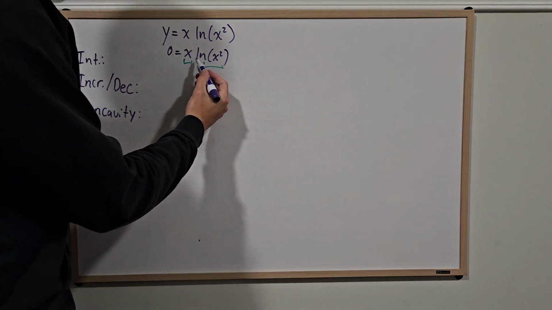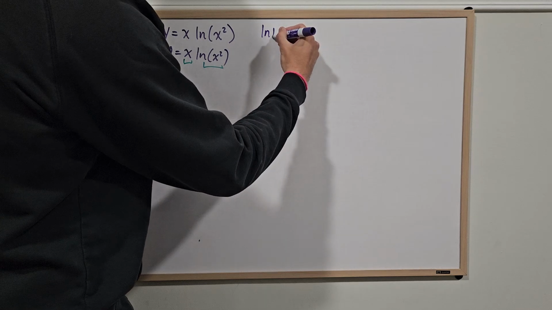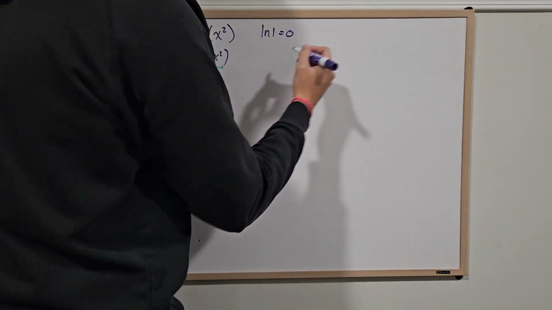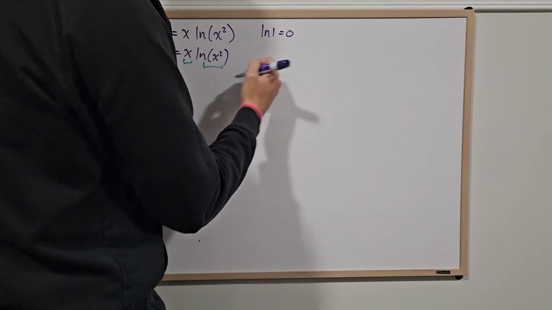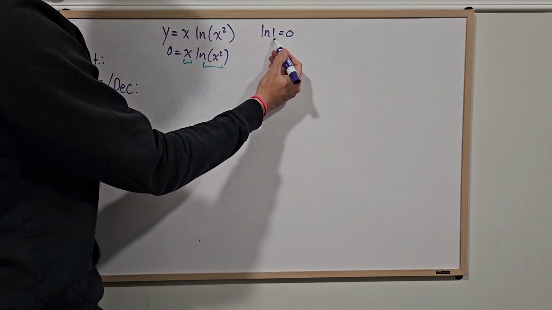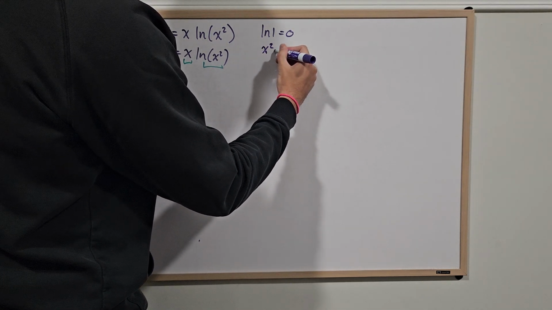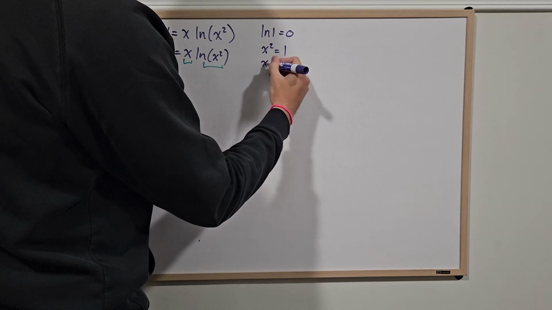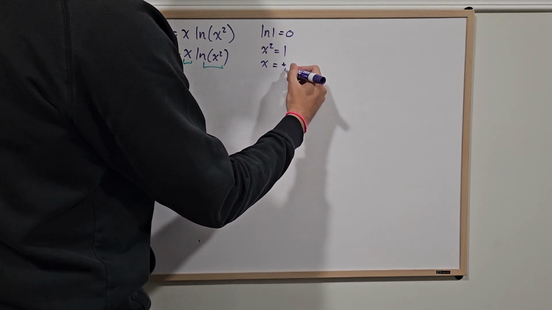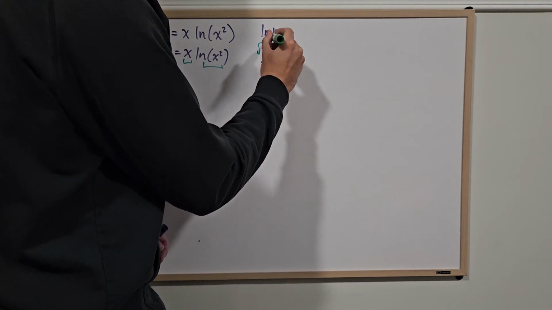So let's start off with our ln of x squared. We know that ln of 1 is equal to 0, and so what that means is that our x squared, the inside part, has to be equal to 1. So we have x squared is equal to 1, and x is equal to plus or minus 1, taking the square root of both sides here.